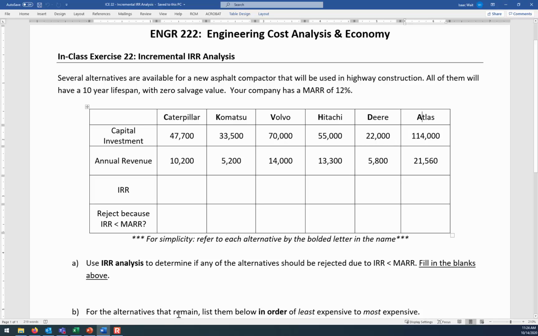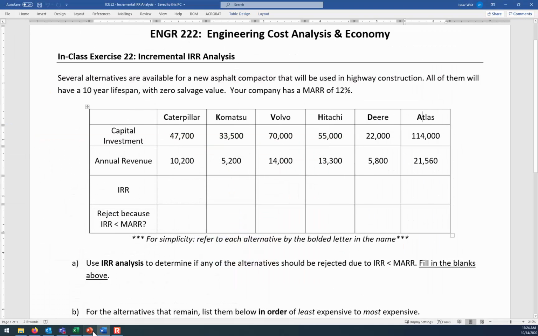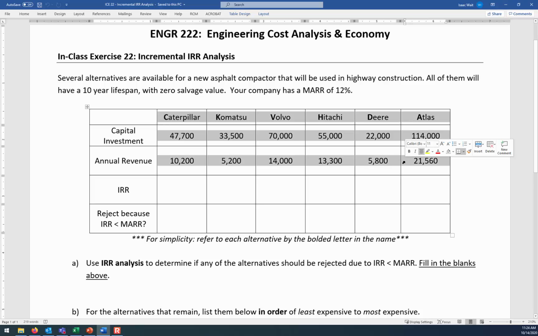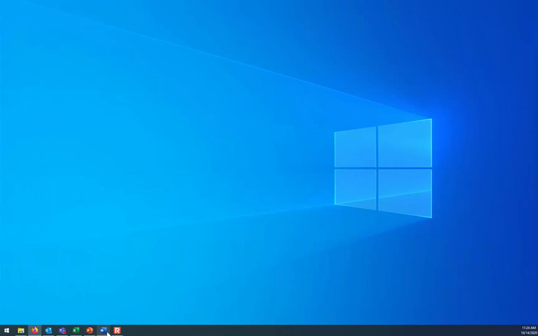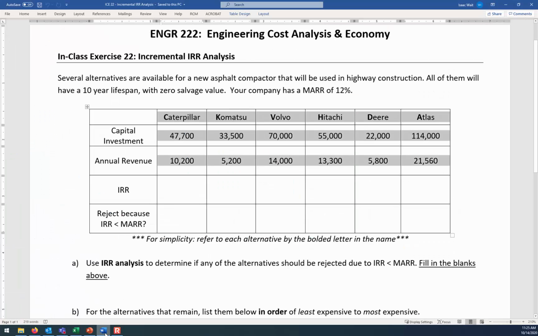So what I'd like you to do is follow the same procedure that was illustrated in this setup, where you need to translate this table into a diagram that looks like this, where each row has its applicable revenue. And then below that, calculate the internal rate of return and do the initial screening.